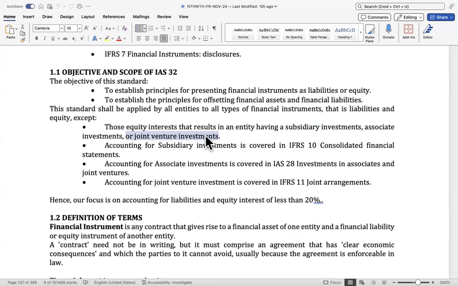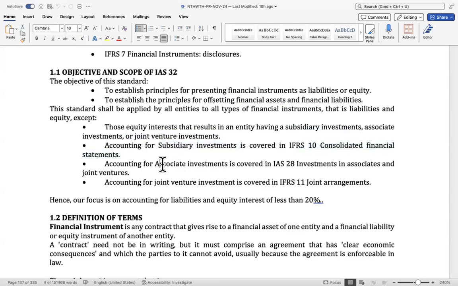IAS 32 is that which does not give rise to any of this. Because by the time you are talking about subsidiary investments, which makes you have control of the investee, then you're talking about IFRS 10.